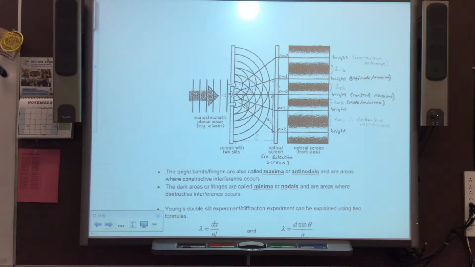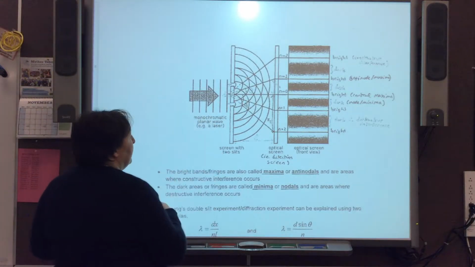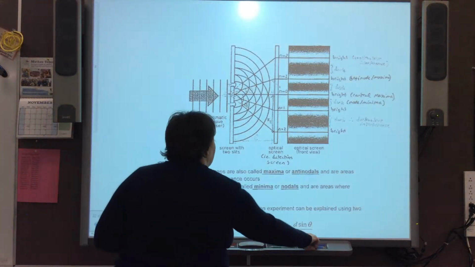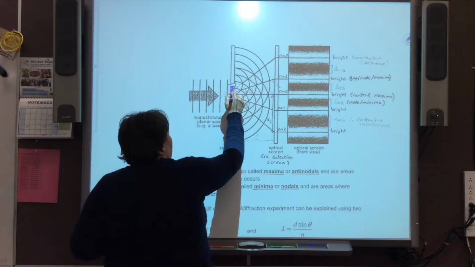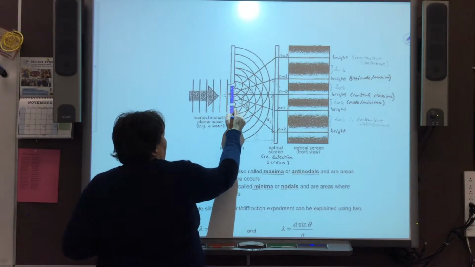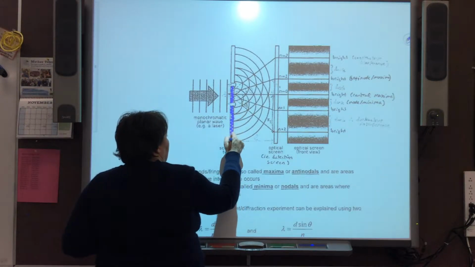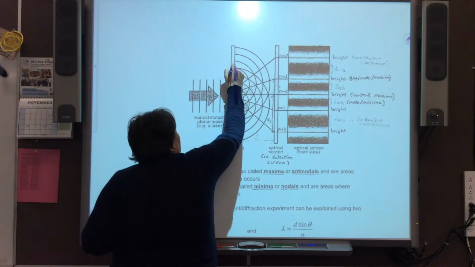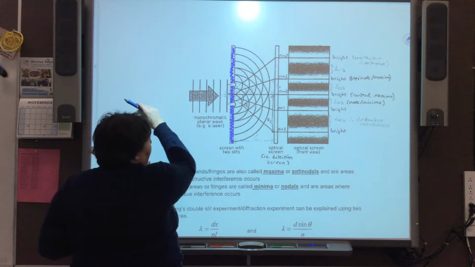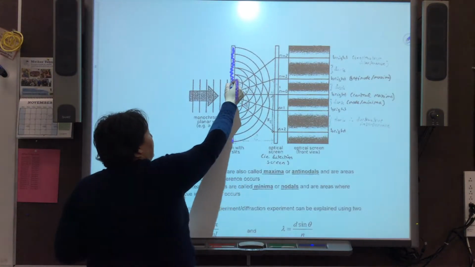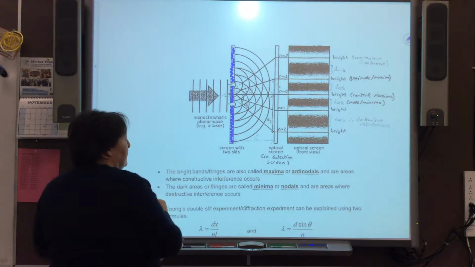Then we went on to look at this page, and there's a lot of information in this image. And here we have, again, our monochromatic light coming in, and it's hitting two slits. So this is all shaded in here. There's a barrier there. Here's a barrier, and this is the barrier here. So the laser light is hitting this. Again, this distance here is very small.